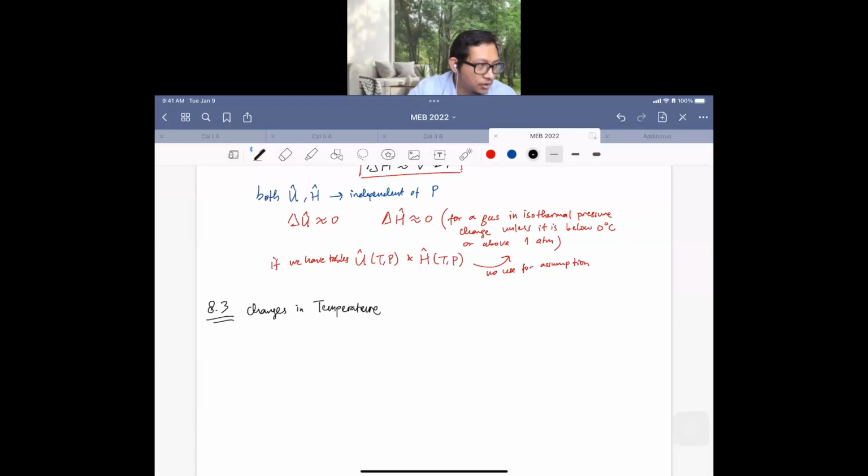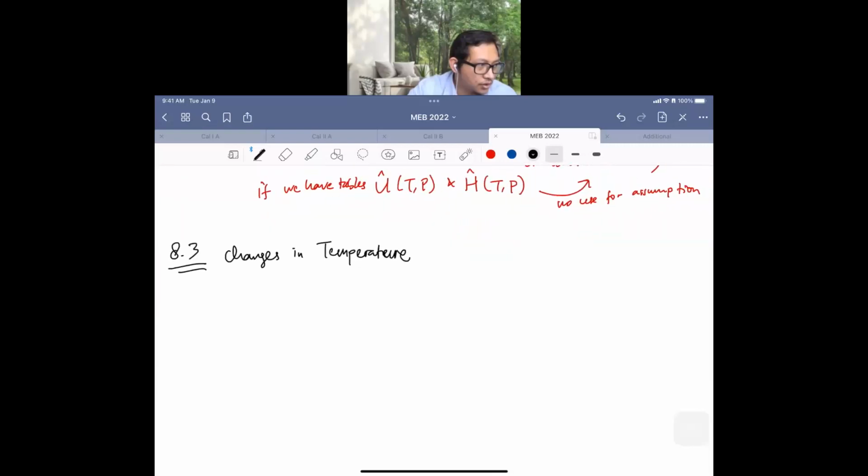The important terms in 8.3 are sensible heat and heat capacity. Now first, to give you some illustration, sensible heat means that we could sense the heat.